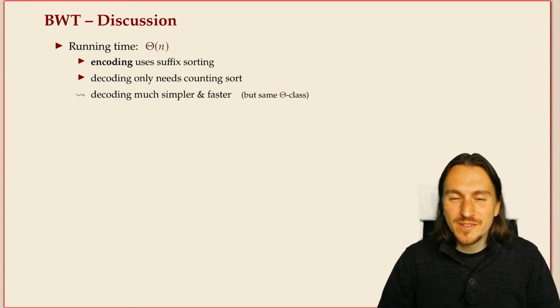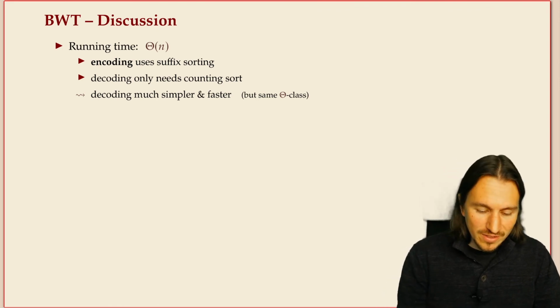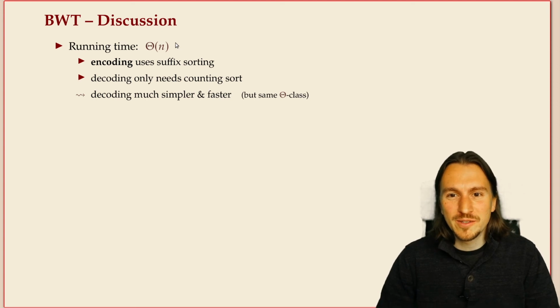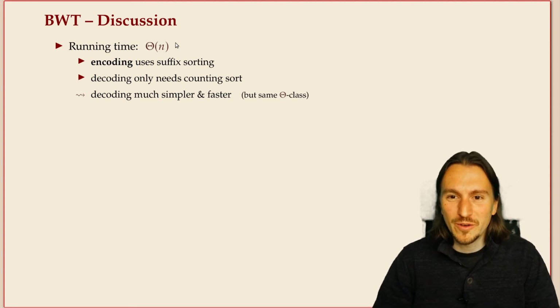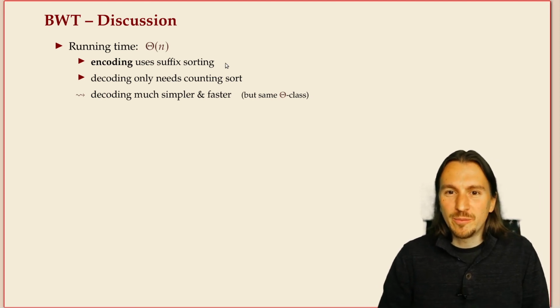That brings me to the end of the BWT section. We now know how to encode and we know how to decode. The running time is linear in both cases, building on the fact that we know that we can sort suffixes in linear time. But remember that this is a fairly complicated algorithm.